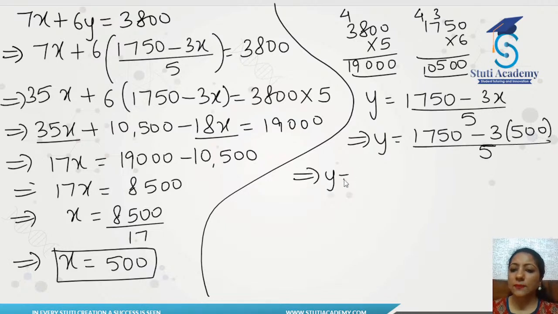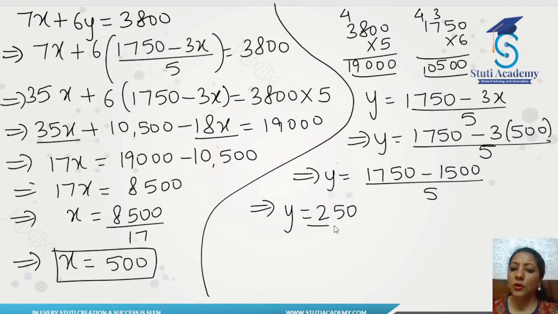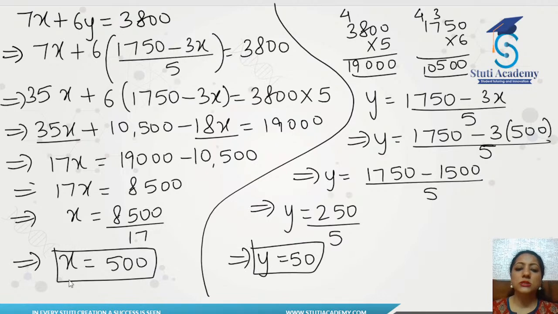Now this is actually 1750 minus 1500 over 5. Here from the numerator we will get 250. So that's 250 over 5. And here we will get y as how much? 50 rupees. So the cost of one bat is 500 rupees and the cost of one ball is 50 rupees.